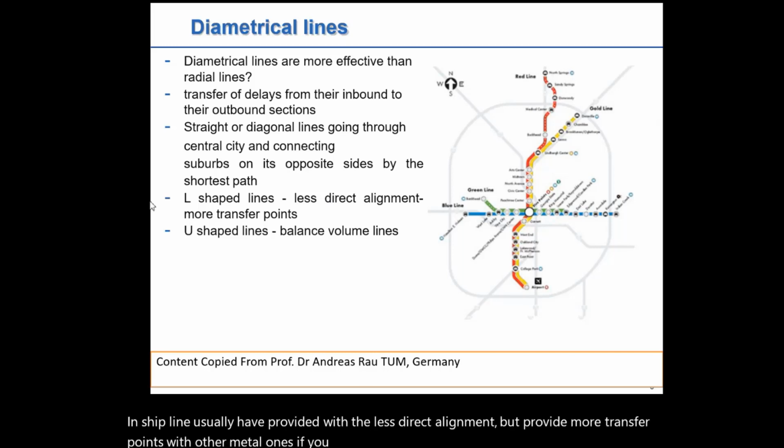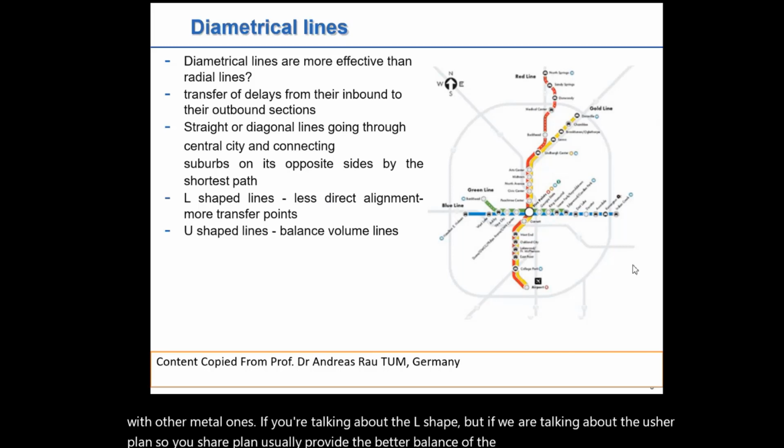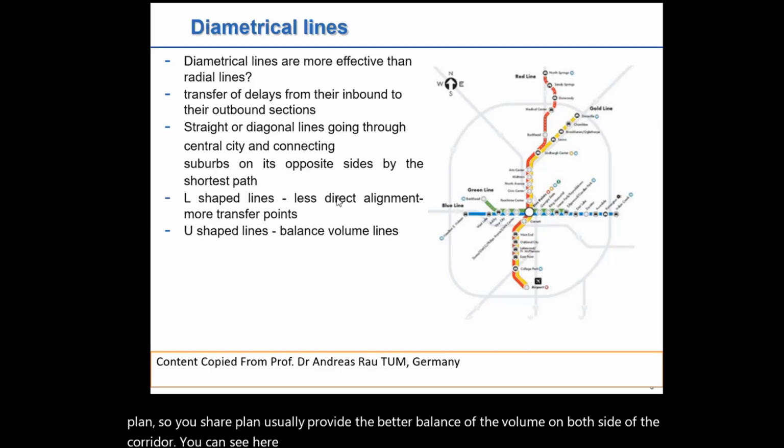But if we are talking about the U-shaped line, the U-shaped line usually provides a better balance of the volume on both sides of the corridors. You can see here, this is its typical example.